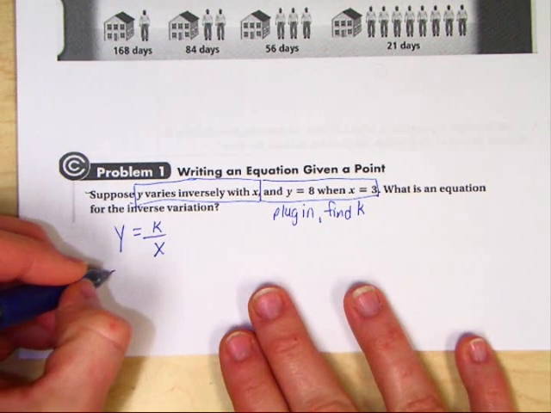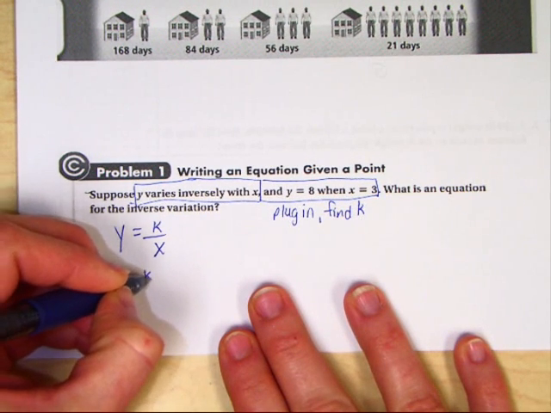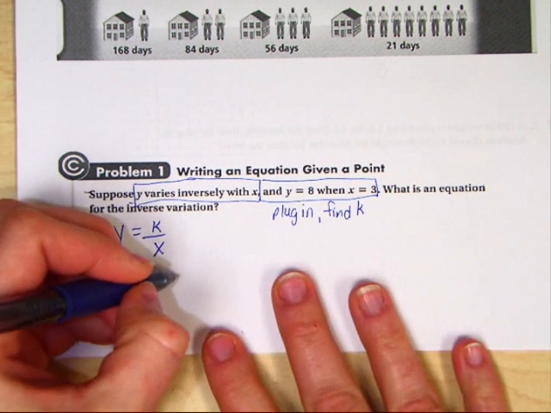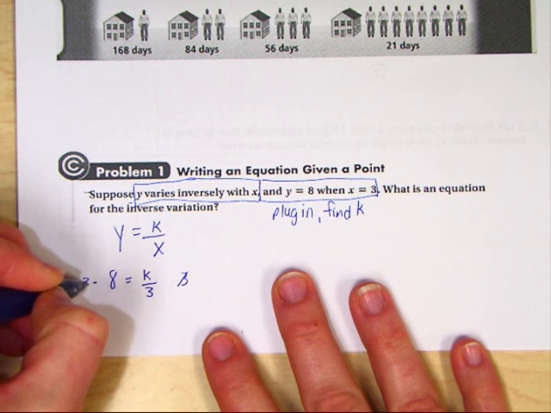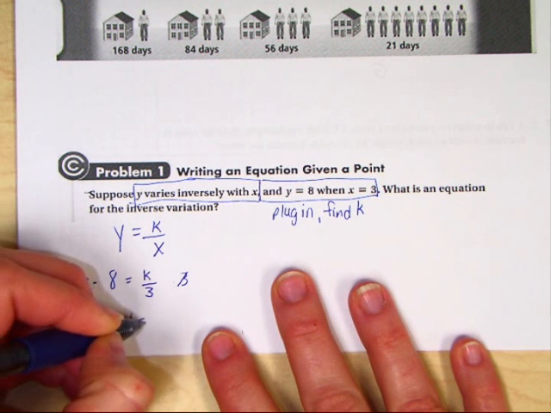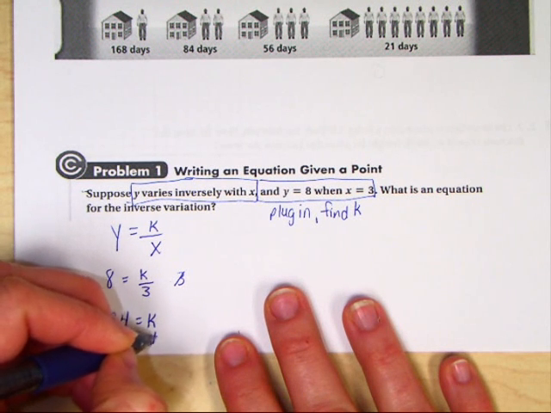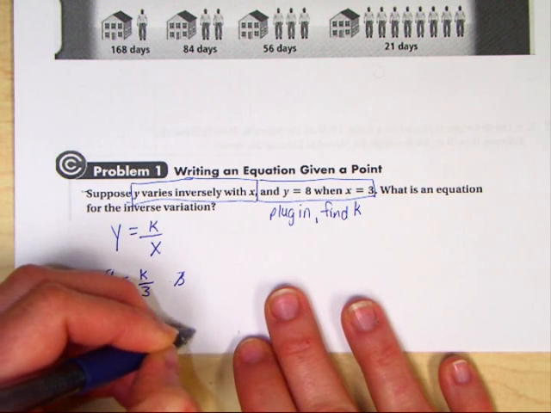So let's say 8 equals k over 3. I plugged 8 in for y and 3 in for x. Multiply each side by 3, and you should get that k is 24. This is called the constant of variation.